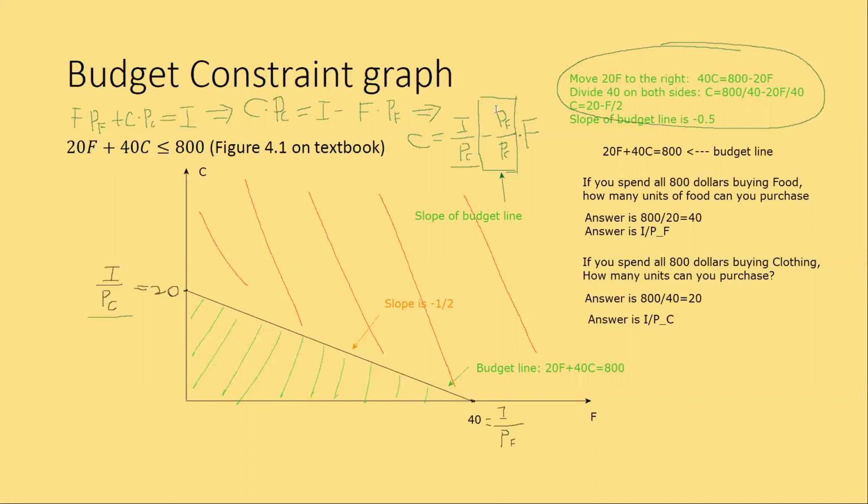This is negative 20 divided by 40, which is exactly negative half. So this is how we can draw our budget constraint on the graph. And what does the slope mean? And what do both of the intercepts mean?